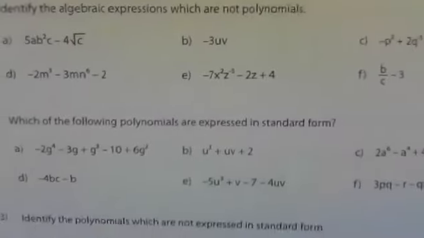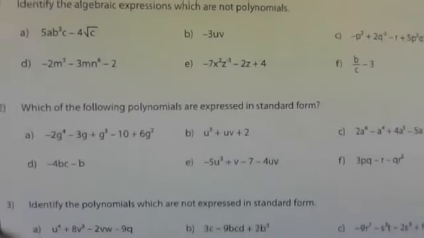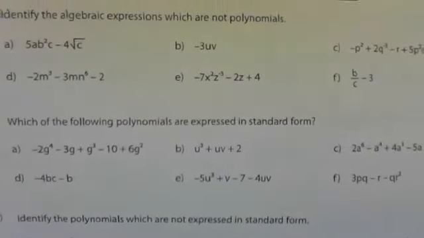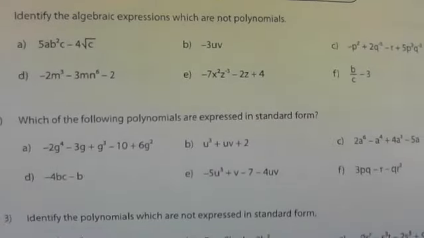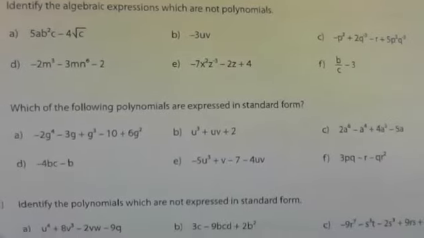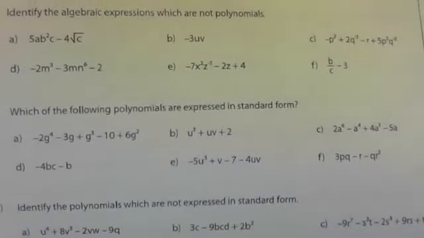page 6. We're on page 6. This is multiple choice. And I noticed on these that there is not just one choice. It says identify the algebraic expressions which are not polynomials. Pick those out for me, okay?